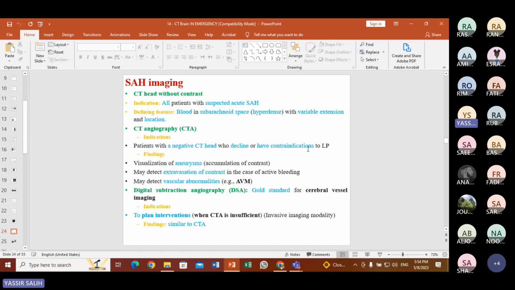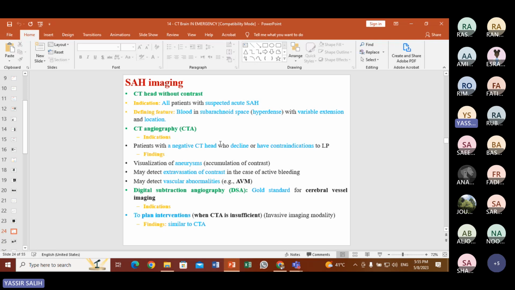Okay, do we do CT and stop there, or should other techniques or imaging be done? Sometimes we may need to do CT angiography, as we agreed. CT angiography, CT with contrast, is indicated in a patient with negative CT head who declines or has a contraindication to LP. For example, we did a CT for a patient with features of subarachnoid hemorrhage, presenting with sudden severe headache and signs of irritation of the meninges, meaning neck pain and rigidity of the neck.